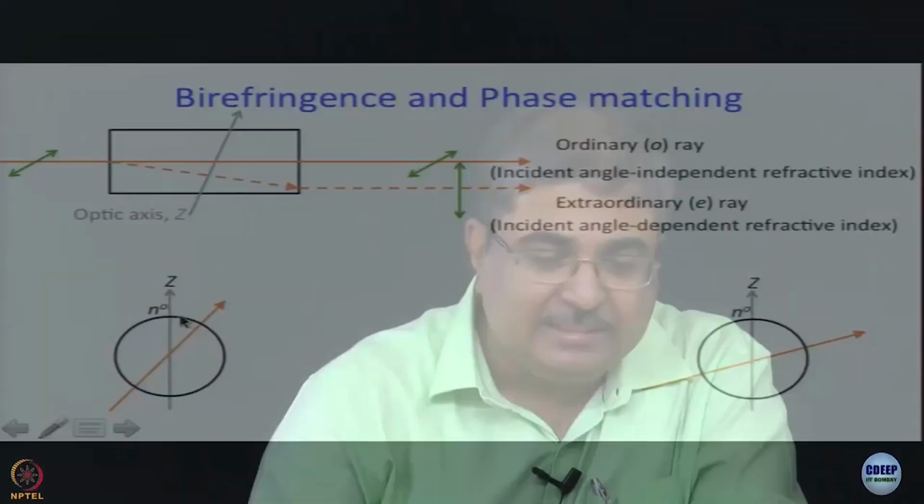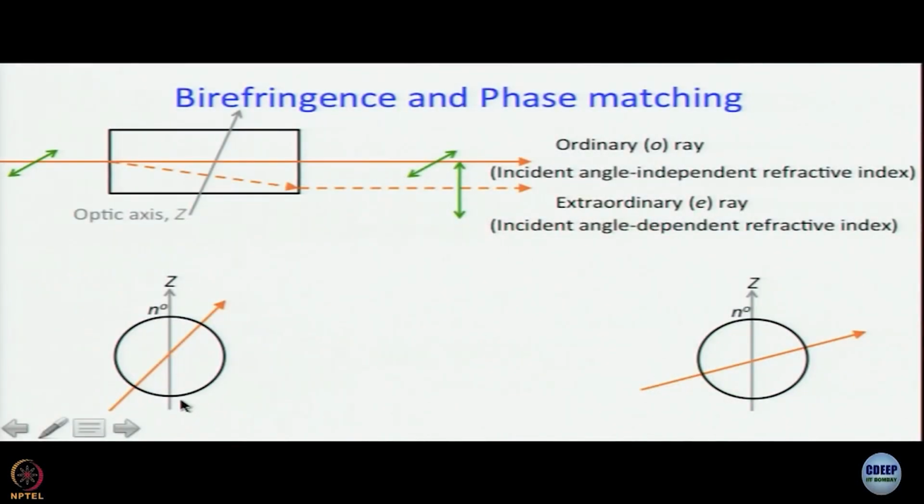Now, with that I can draw two different ellipses. At this point and at this point, Ne and No have to be the same. But what happens in the middle? Ne can always be smaller than No, or Ne can always be larger than No. If Ne is always smaller than No, then I get an ellipse like this.